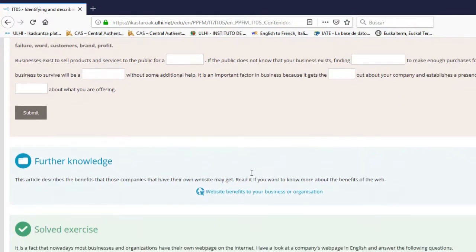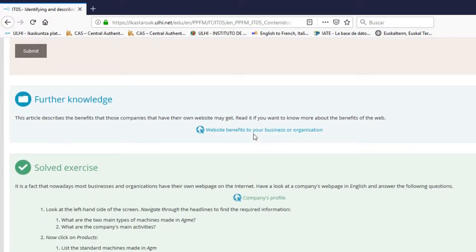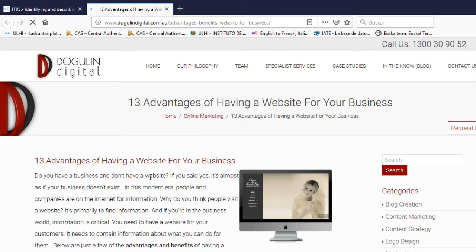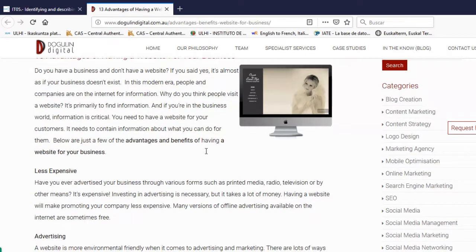We will end up watching a document that tells you why websites are so important for the company and how a company can benefit from having a website. They give you 13 advantages of having a website for your business.